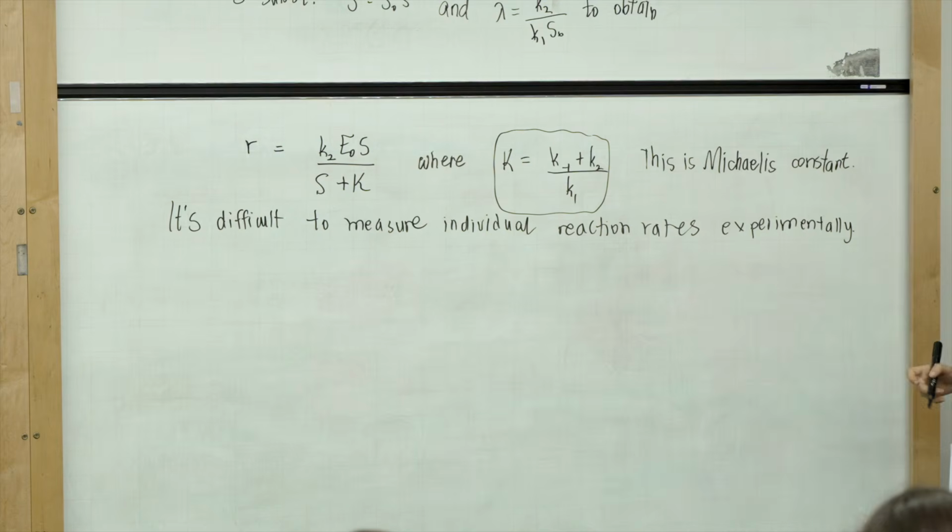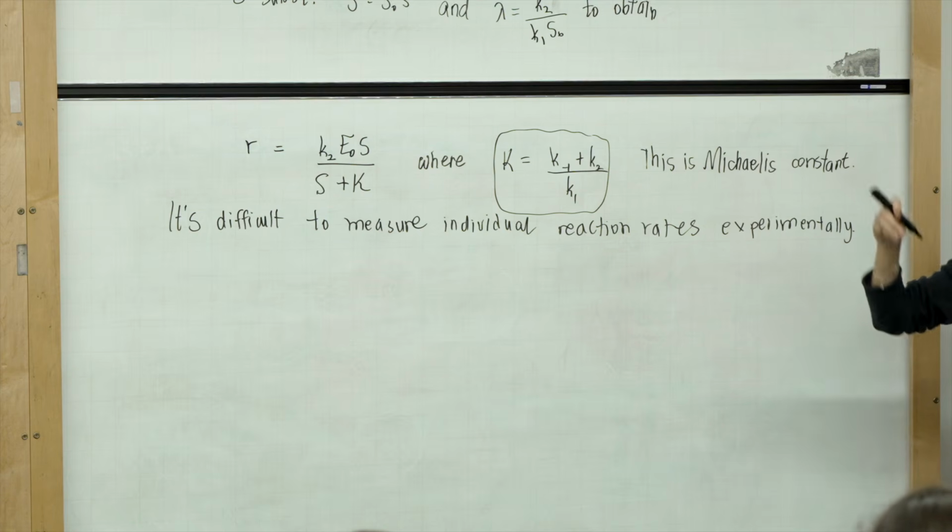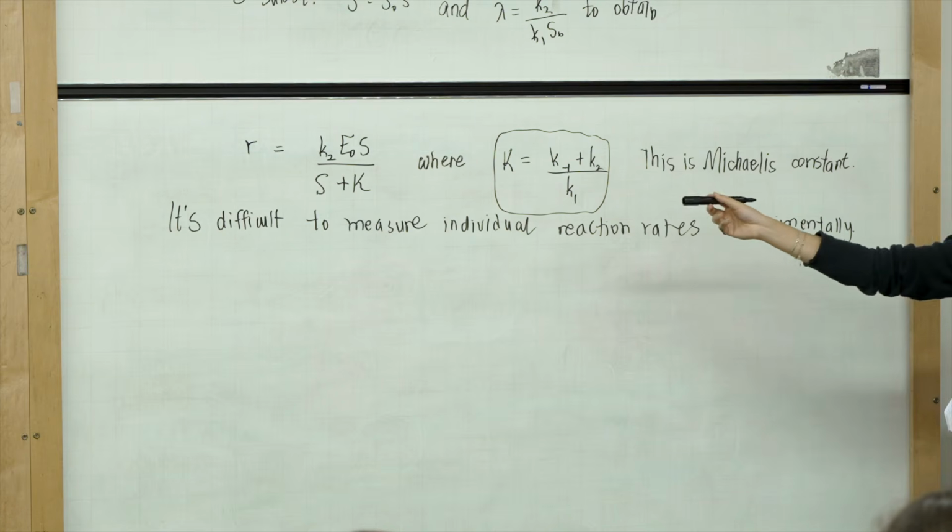So what people instead do is that they say, I'm going to measure the whole reaction rate, which is this little r instead. Okay, so instead of saying experimentally I can get what this K1 is or K-2 and so on, you say I'm going to start with this substrate and enzyme, and I'm going to get this product, and I know that the overall reaction rate is going to be this R, which I can determine.